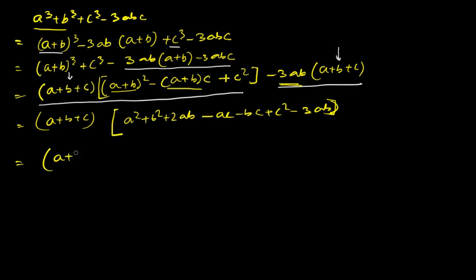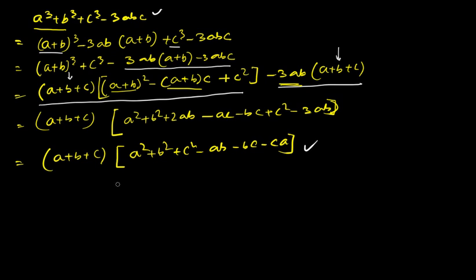That means I'm left with a plus b plus c times a square plus b square plus c square minus ab minus bc minus ca. So this is the factorized form of a cube plus b cube plus c cube minus 3abc, and that is the formula which we need to solve the rest of the 19 questions.